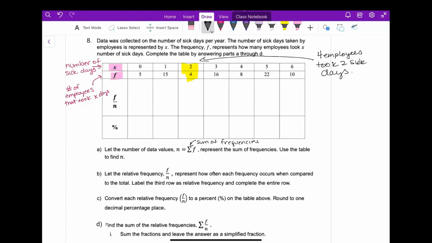And not only do you know how to read it because you just learned what the symbols are, it also usually tells you in the sentence: use the table to find n. So what are we going to do? We're going to sum the frequencies. Sum means add. N is equal to 80.